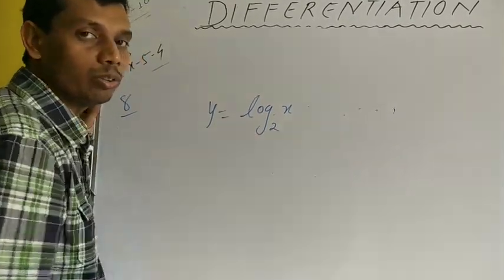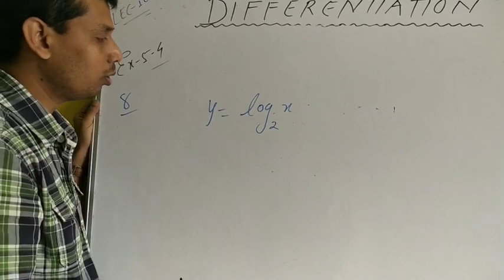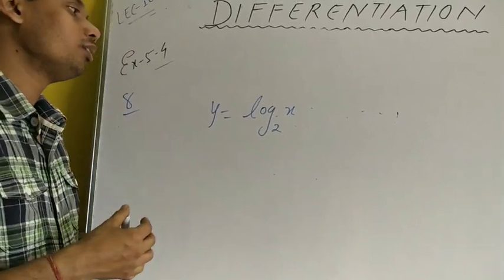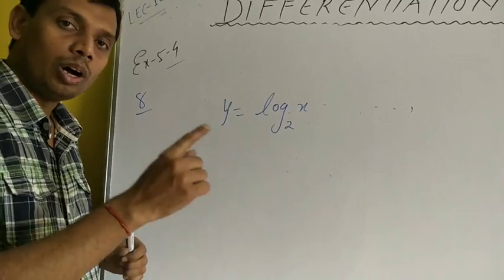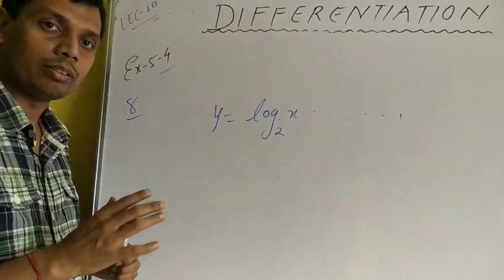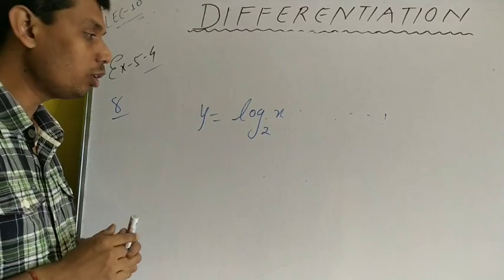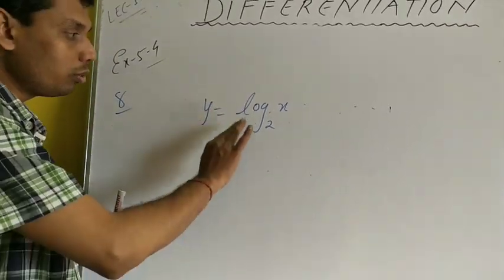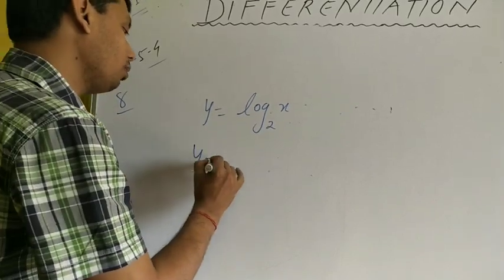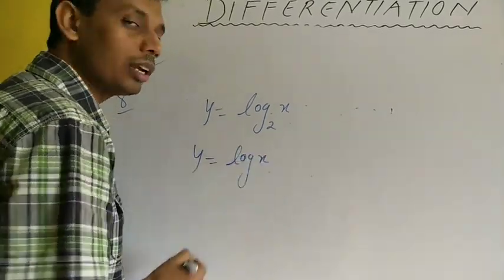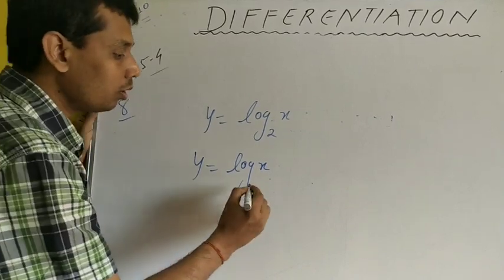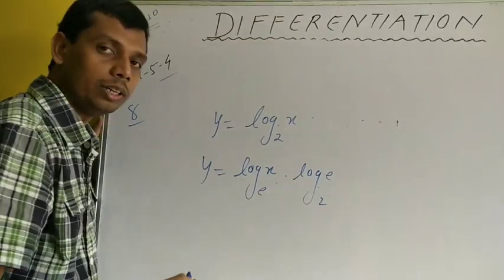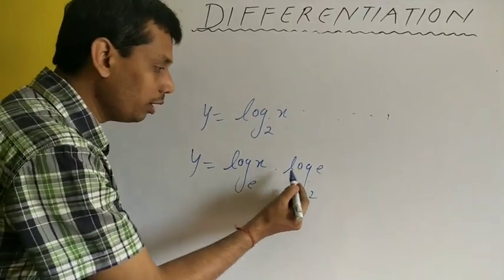This is not the natural logarithm, it is the common logarithm, and we have learned to differentiate log with base e. So first of all we have to change the base, which we studied in class 11. We can write this as log x base e times log e base 2.